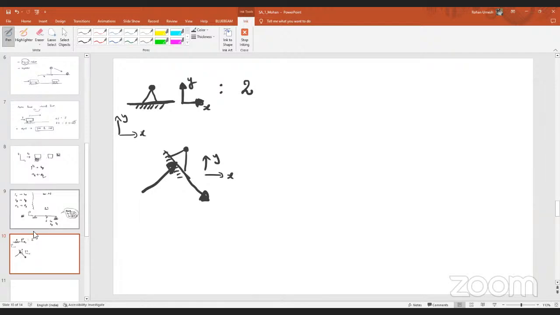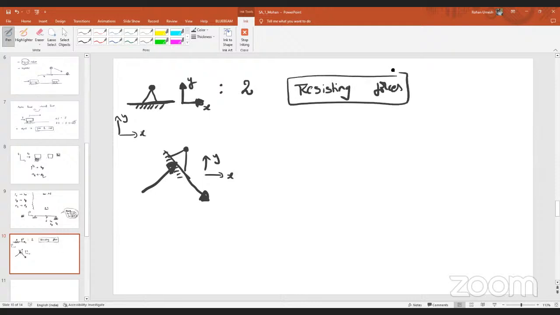Now, the next point I will ask you is that these are resisting forces. Whatever support reactions you are getting, those are resisting. From the name itself you can understand, they are resisting something. So I can say forces and deflections are vice versa components. If you apply a force, what will happen?